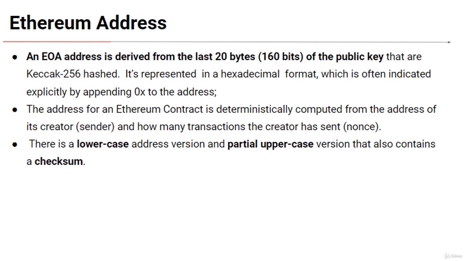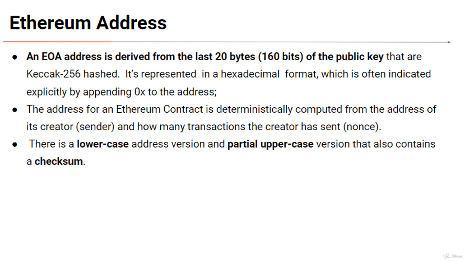Let's talk about the Ethereum address. An externally owned account address is derived from the last 20 bytes or 160 bits of the hashed public key. It's represented in a hexadecimal format, which is often indicated explicitly by appending 0x to the address.